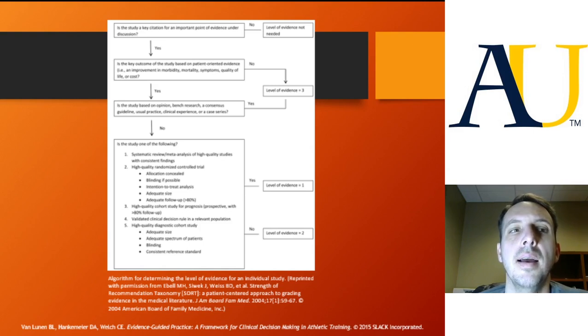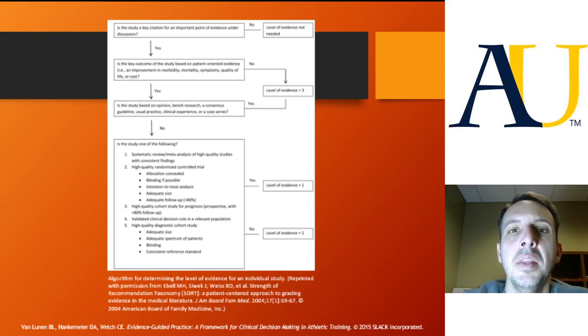Then it goes into this idea of opinion, bench research, consensus guidelines, usual practice, clinical experience, or case series. These, if you remember, are basically the same sort of levels as level 4 and 5 from the OCEBM.